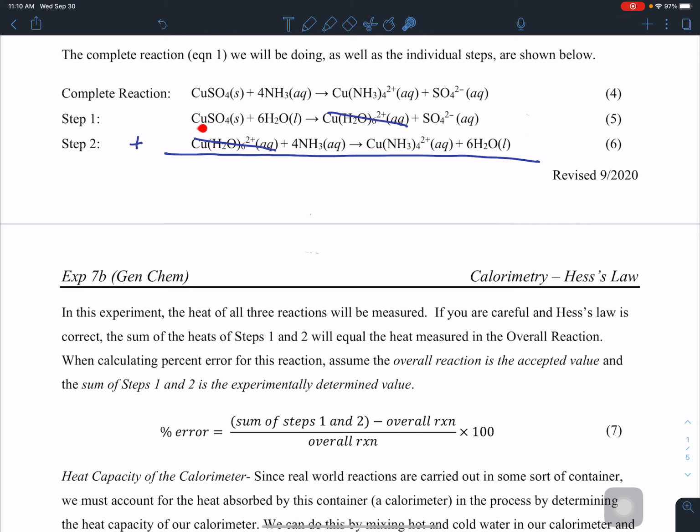Here in this step we had copper sulfate dissolving in water, and over here the result of this releases water, and so we can cancel those out. Then if we add what's left, we get CuSO4 solid plus 4NH3 aqueous to form this complex ion that you'll learn about in Chem 1B plus sulfate ion.